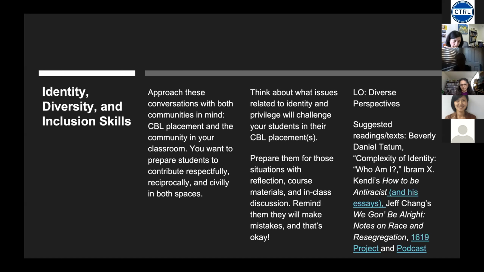I also share with them that when Beverly Daniel Tatum visited AU in spring 2019, she told the AU community that she has been studying race in the college classroom for 30 years. And she said that nothing has changed in how we talk about race. She said that at some point she thought students would become more comfortable talking about race in the classroom, and they have not.